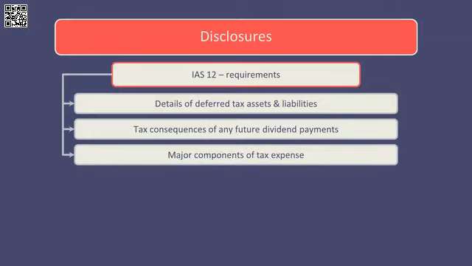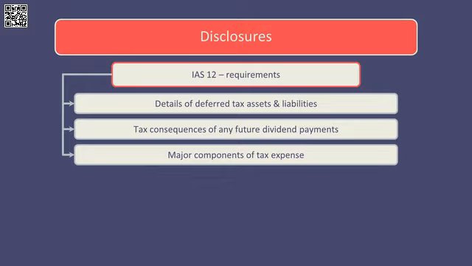The major components of the tax expense, so a reconciliation or an analysis of the current tax expense, any adjustments of the taxes of prior periods, any amount of deferred tax expenses. You will come across this with assets, etc.